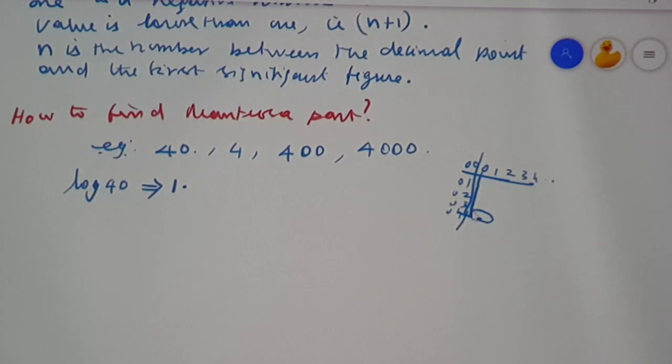The number that is written there is the mantissa part. So if it is 40, you just check it with the help of your logbook. That number will be 6021.